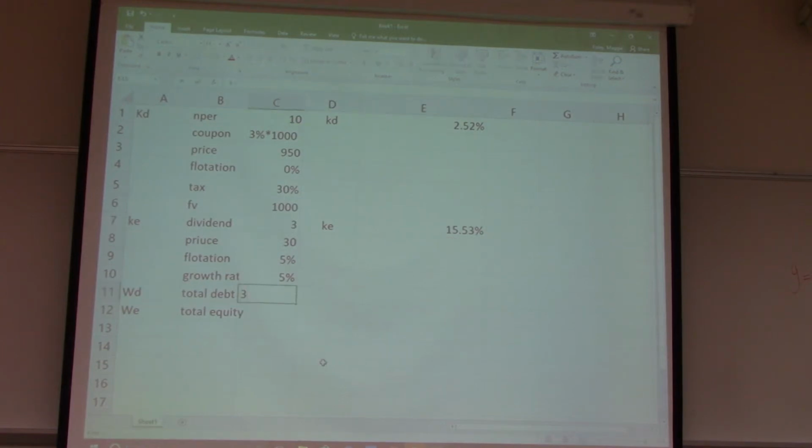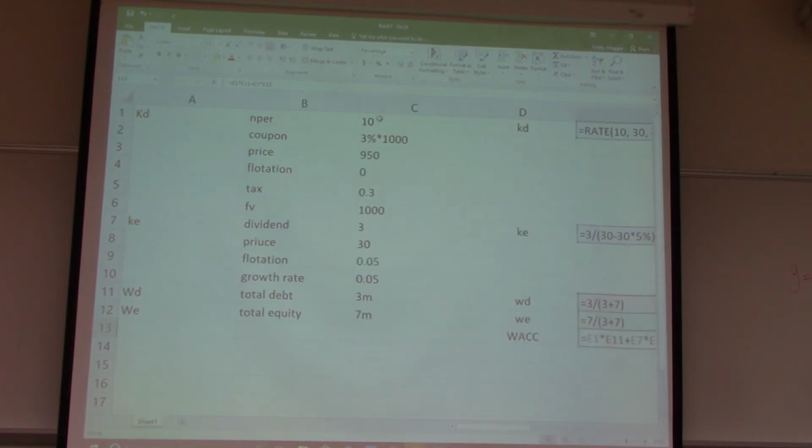Total debt is 3 million, 7 million. In Excel. Let me show you the equation.